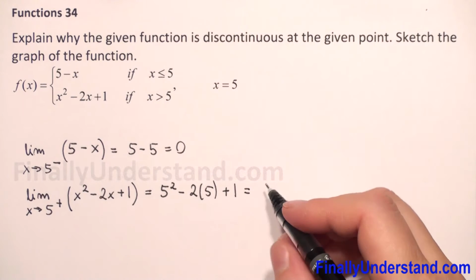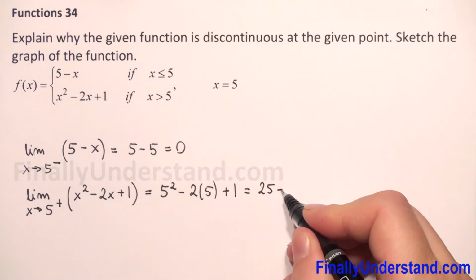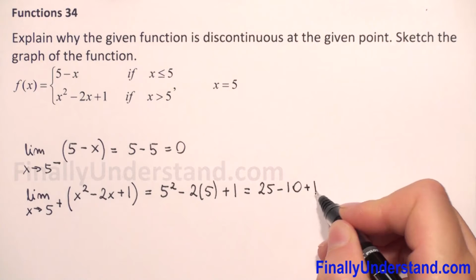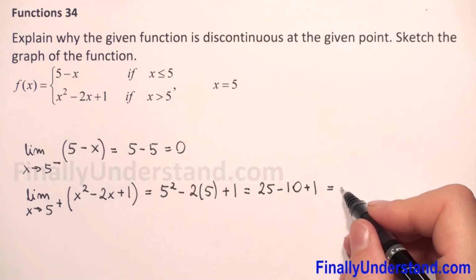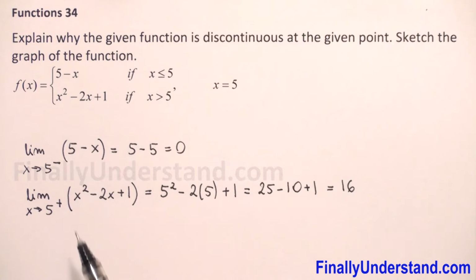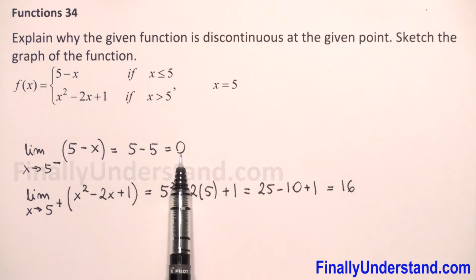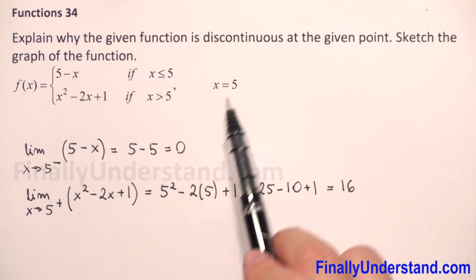This is equal to 25 minus 10 plus 1, which is 16. We see that the left and right limits are different. We have 0 and 16. That's why our function is discontinuous at the given point.